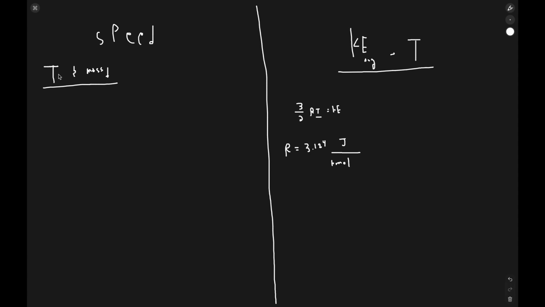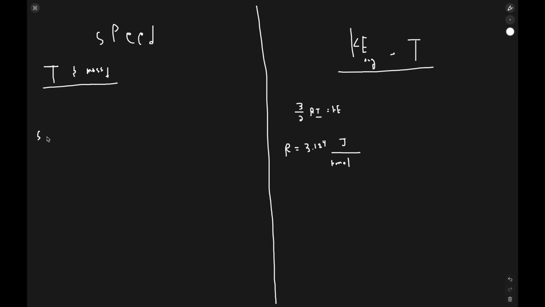Now, if you're given multiple gases and they all have different temperatures and different masses, then how do you determine which one has the highest speed? Well, lucky for you, there's an equation.